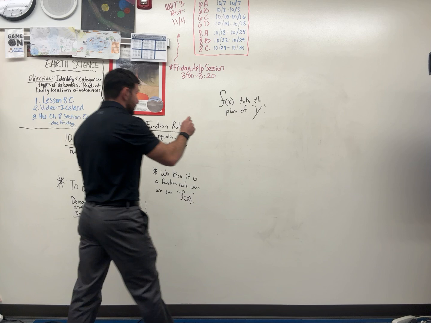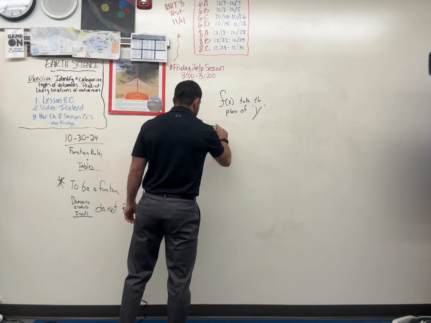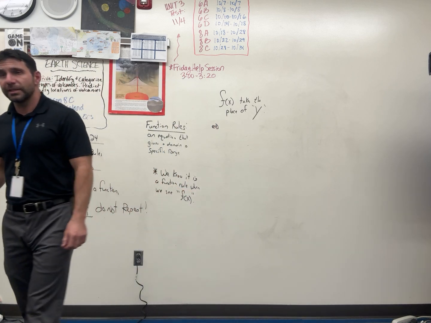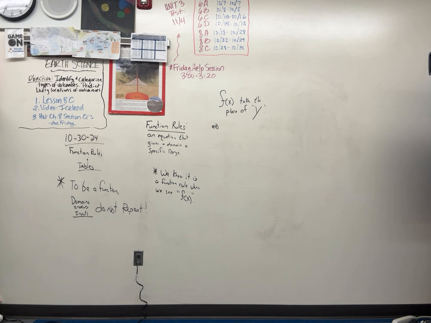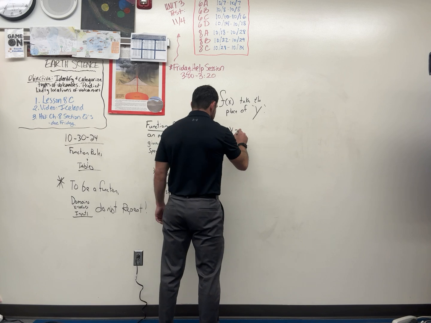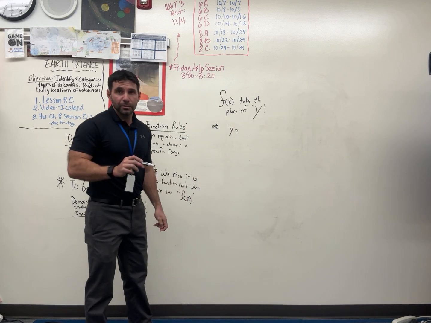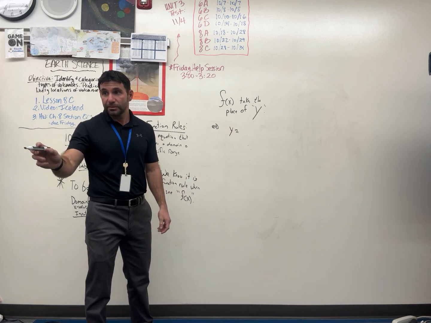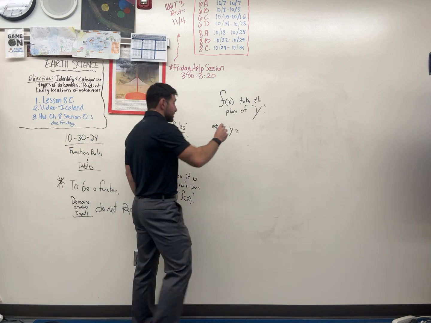What do I mean by that? Somebody open your notes to yesterday, please, to the very last thing we did, a table. And that table, what was the equation in that table? Y equals what? 2x plus 3.